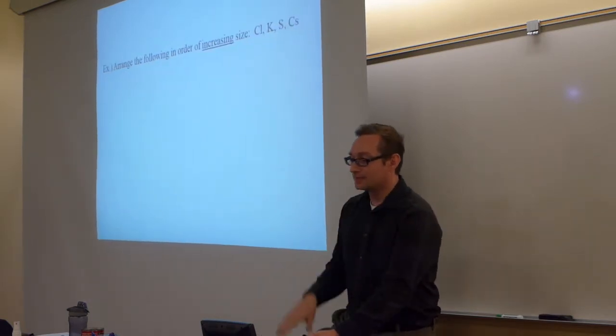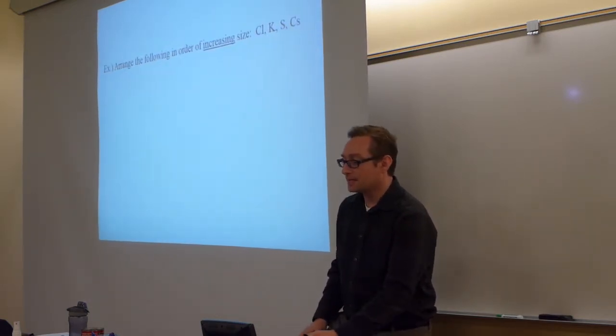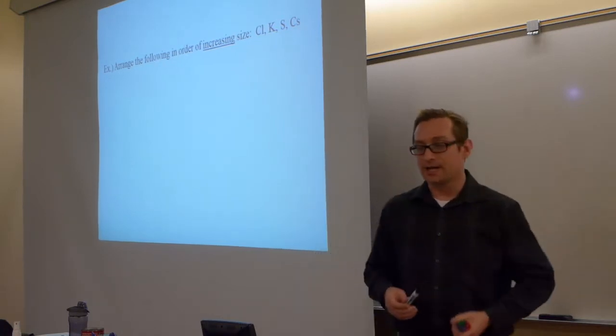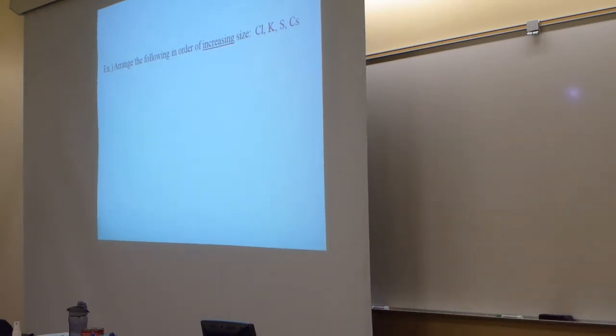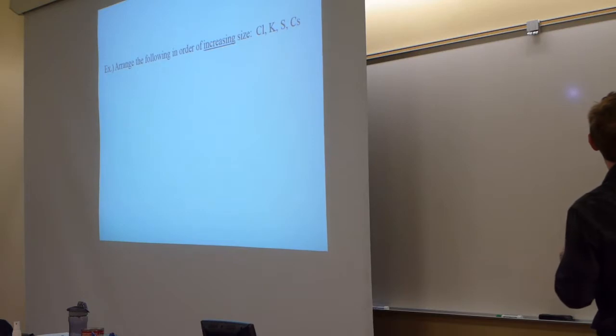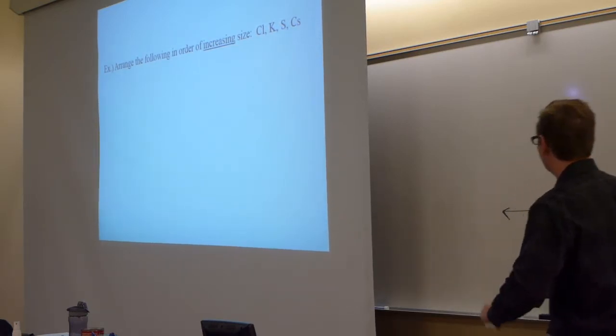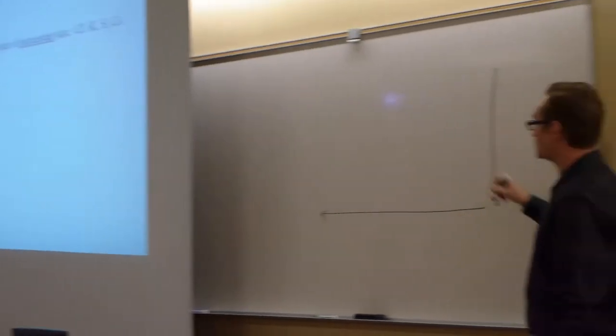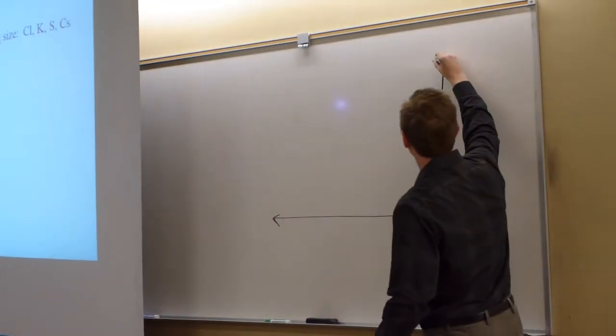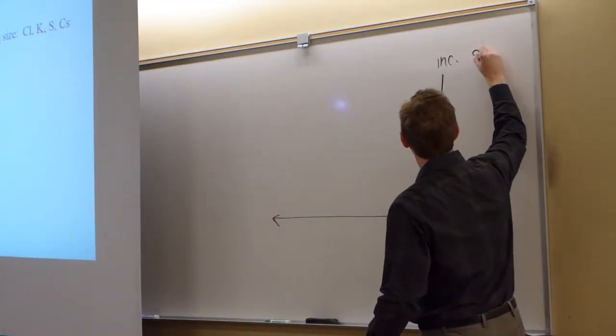Here's a sample problem. Arrange the following in order of increasing size. So here's how I strategize this. So I'm going to draw that diagram. Okay, this is the trend in increasing size, or radius.